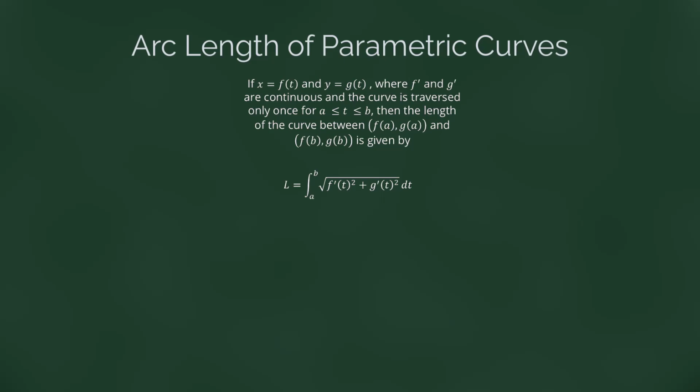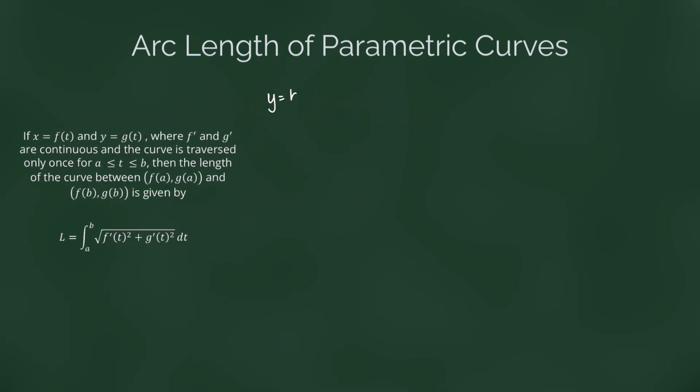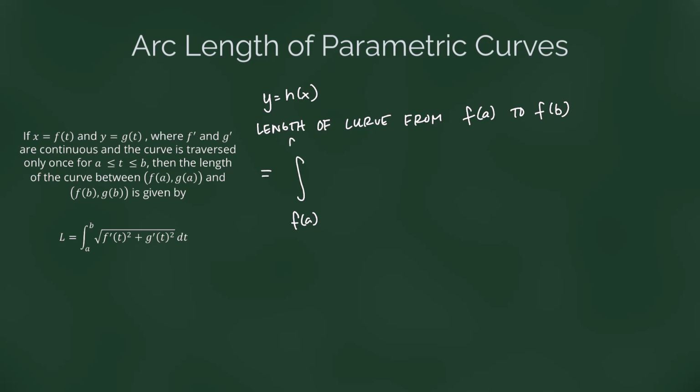Let's relate this back to what we know about the length of curves that are defined in the typical Cartesian manner. So if we know that y is some function of x, then the length of the curve from f of a to f of b is going to be given by the integral from f of a to f of b of the square root of 1 plus dy dx squared with respect to x.